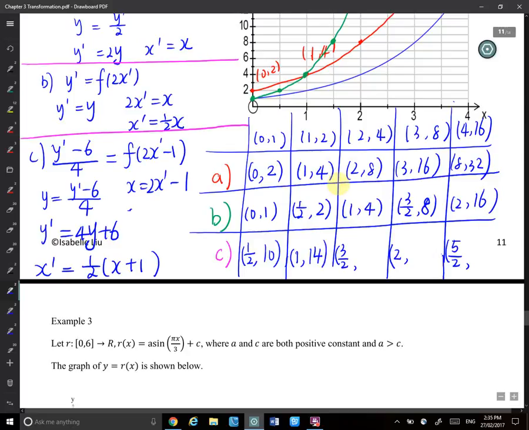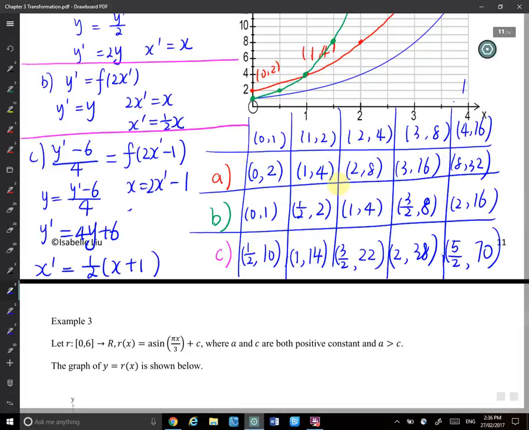Next one is 4. 4 times 4 is 16, 16 plus 6 is 22. 8, 32. 32 plus 6 is 38. 16, 64, 70. Okay, it's too big in the end.